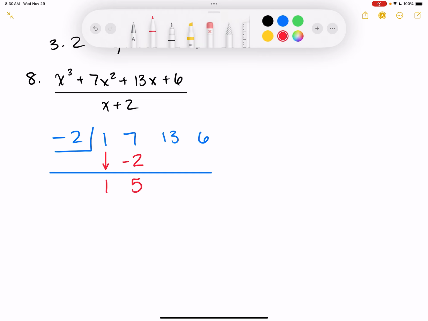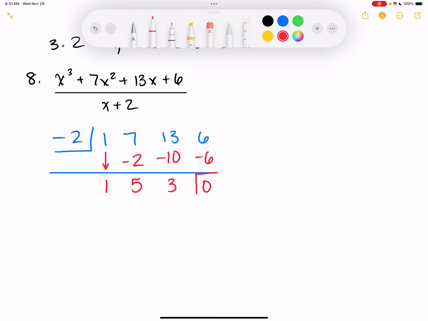Then 5 times -2 is -10. 13 minus 10 is 3. 3 times -2 is -6. 6 minus 6 is 0. So that one worked out to where there was nothing left over. If there's a number over here, all that means is it's a remainder. But it doesn't ask us to actually write anything beyond that.